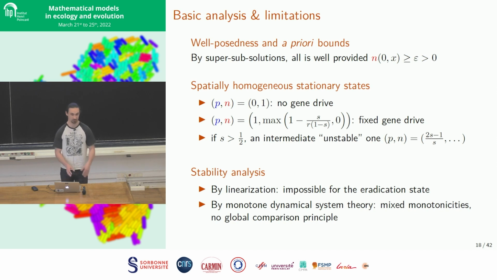You might want to do stability analysis on these stationary states, but the problem is that you cannot do it for the eradication state, which is the most interesting one. And also you cannot apply any kind of monotone dynamical system theory, because you have two regimes in these systems, a competitive regime and a predator-prey regime, so you cannot apply any kind of classical theory for Lotka-Volterra systems, let's say.